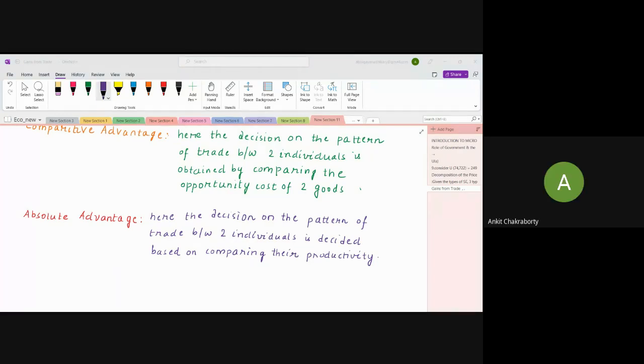But is there any way that it works as a function, like a utility function or other functions? Ankit, you are basically talking about putting a little more structure to the story, right? Yes, we will, Ankit.